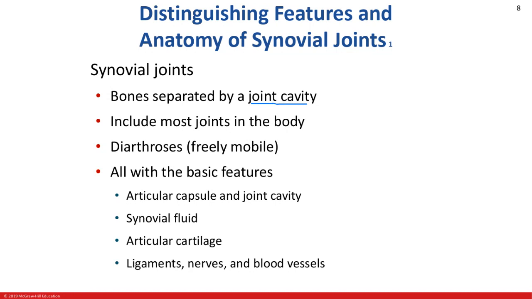And so we have four features here. We have the articular capsule that surrounds the articulating bones, and it encapsulates the joint space or joint cavity. Then we're going to fill that joint cavity with fluid, which we call the synovial fluid. If you remember, on the ends of our long bones we have articular cartilage, which is hyaline.